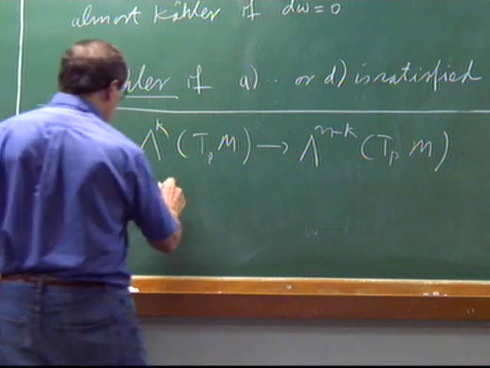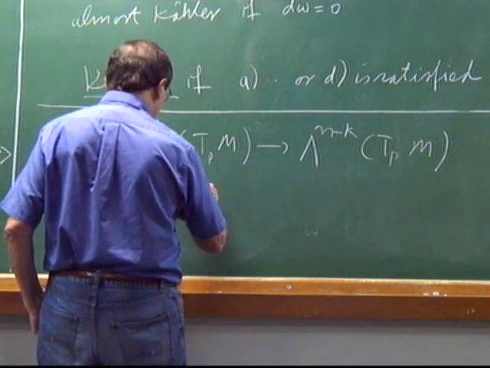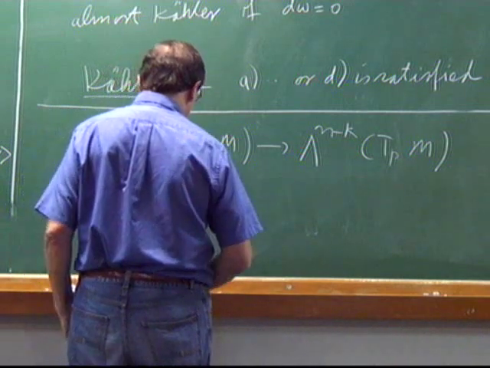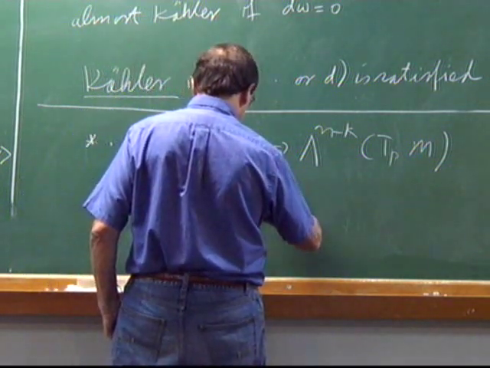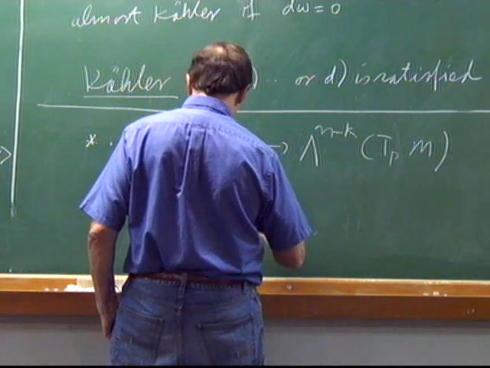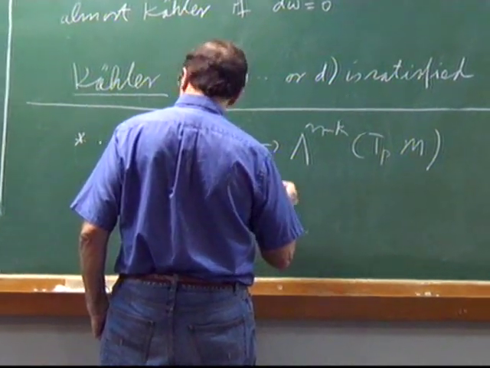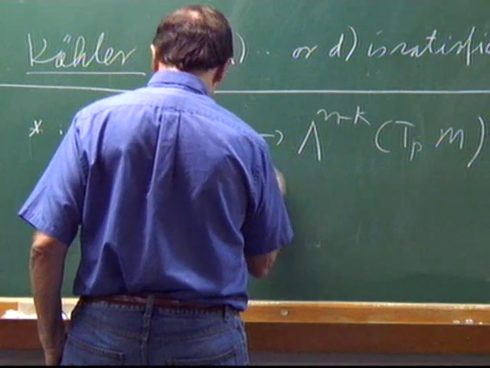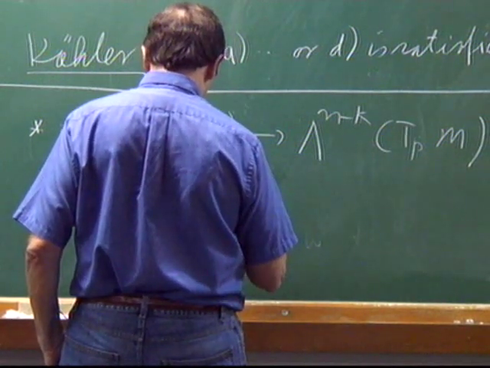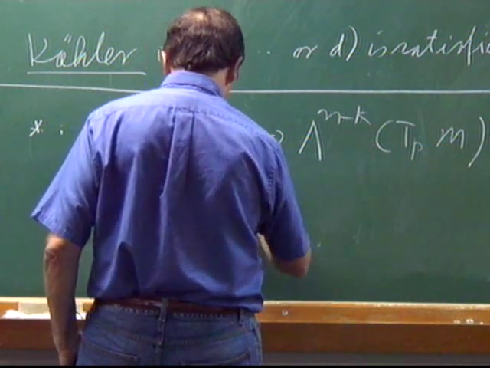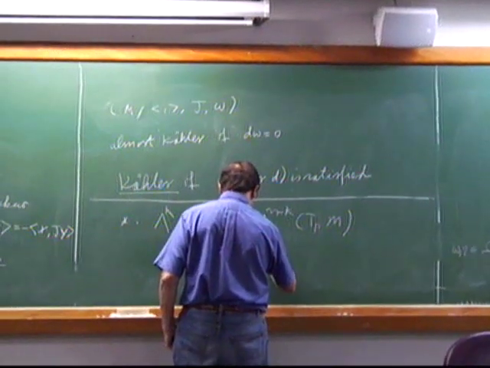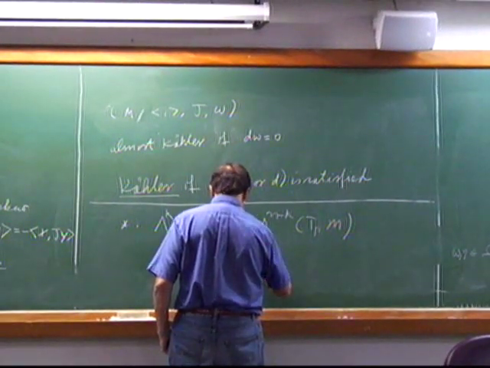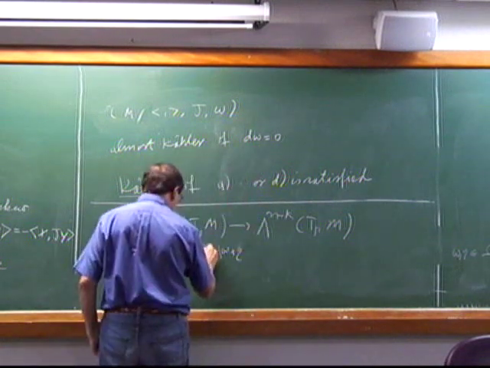One is omega wedge star eta is the volume form times, is omega wedge eta times the volume form. Sorry, other way around.